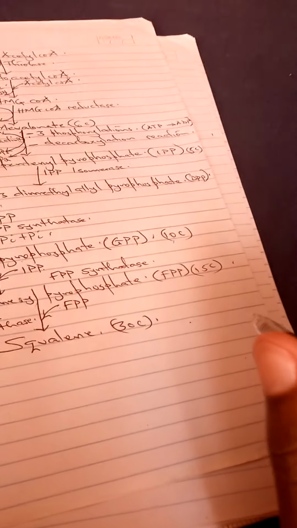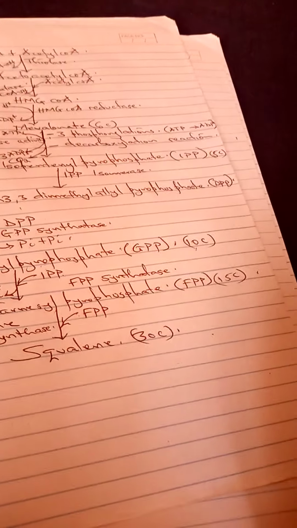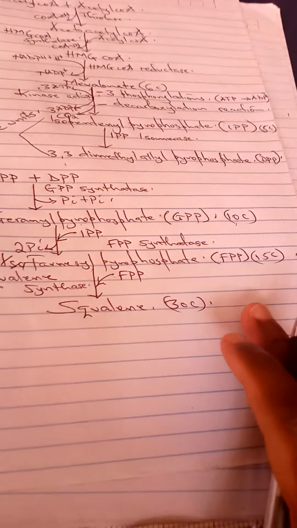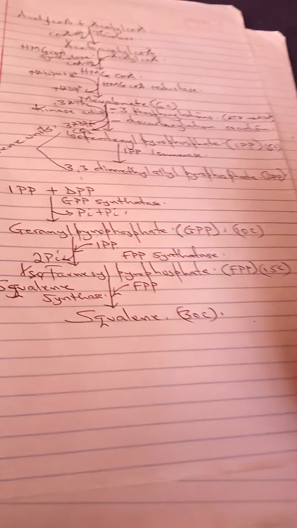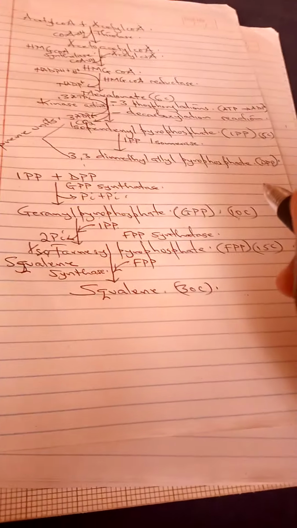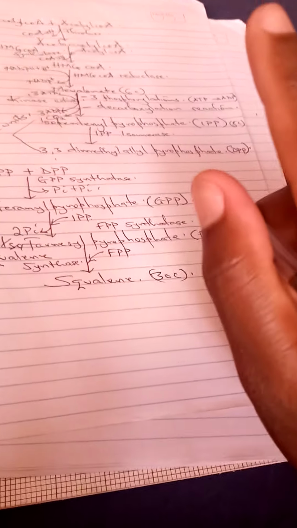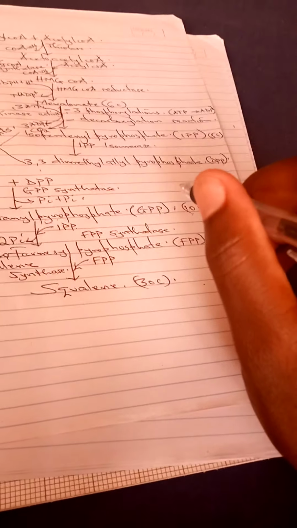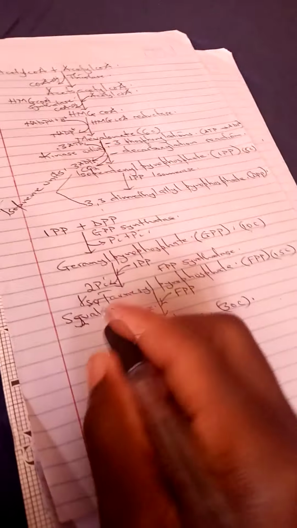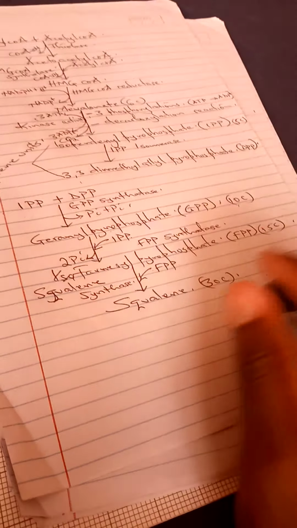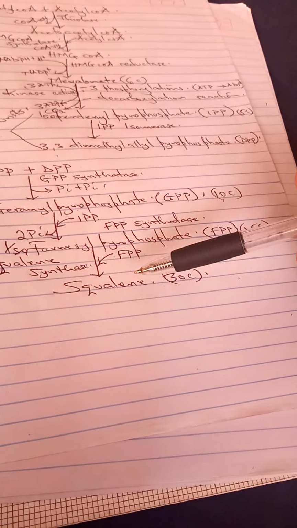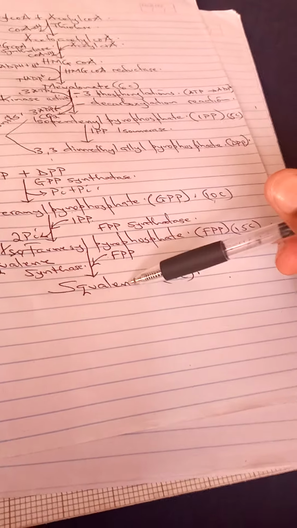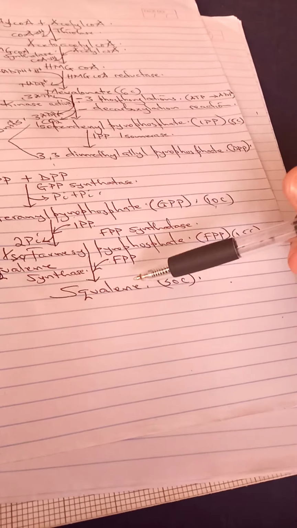Now from this reaction, this time we shall have many different reactions which will take place, from squalene to form cholesterol. Cholesterol is a 27 carbon molecule and squalene is 30 carbons. So from this step we have to know the differences between squalene and cholesterol. One, squalene is a linear molecule, while cholesterol has cyclic rings.